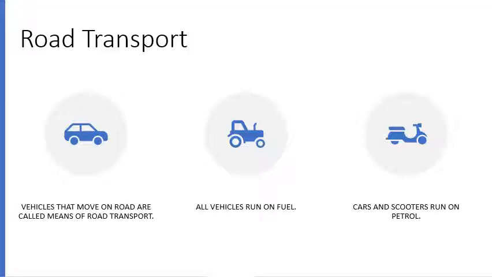Like car, bus, scooter, jeep, truck, all these are vehicles which move on road. Then the second point is that all vehicles run on fuel. As you know, all the vehicles run either on diesel or on petrol or on CNG.